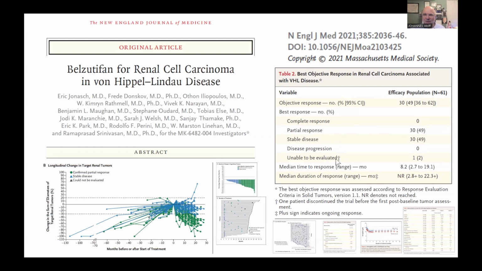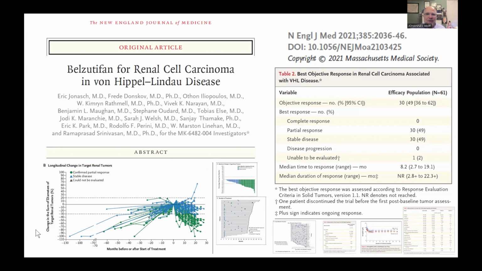And then there was one patient non-evaluable because that patient didn't reach the second image, so they couldn't determine response. As denominator, they used the entire population, so they counted this patient. Otherwise, the response rate would have been 50%. It is 49%. That is a very, very high response rate for the disease population here.